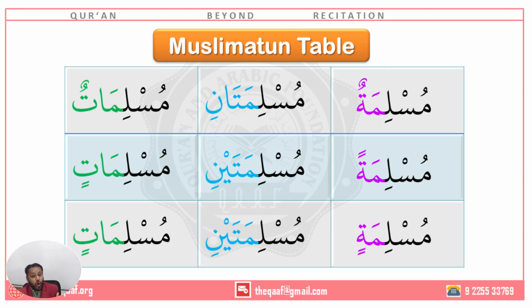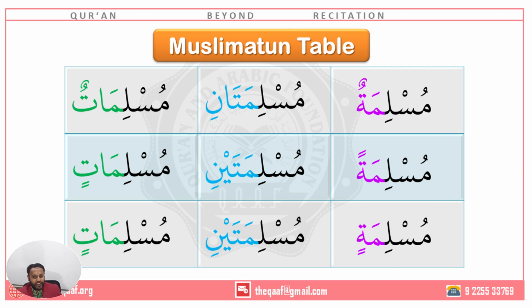Muslimun. If I want to make it feminine, all I have to do is, at the end of the word, add the Tamarbuta and take the ending and put it on the Tamarbuta. Whatever ending the word is having, put it on Tamarbuta. So what do you get? Muslimun becomes Muslimatun.